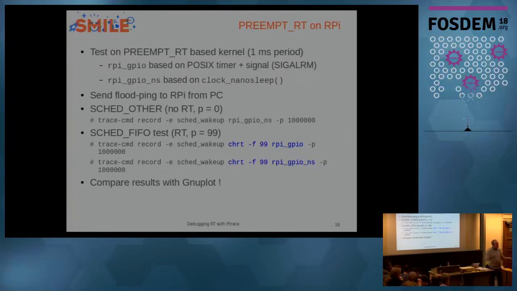With chrt, it's for starting a program with a static priority. But of course, you can write a program, but it's not a problem with Ftrace. It's a problem with the program itself. I don't understand your question.